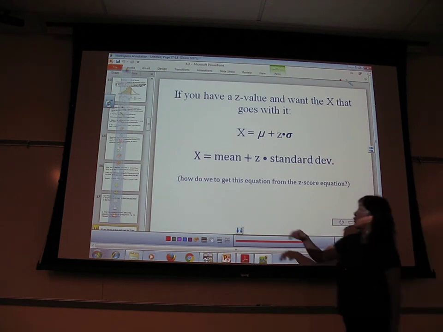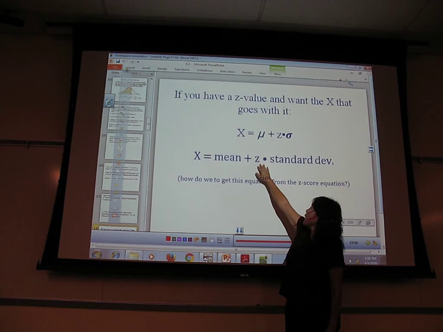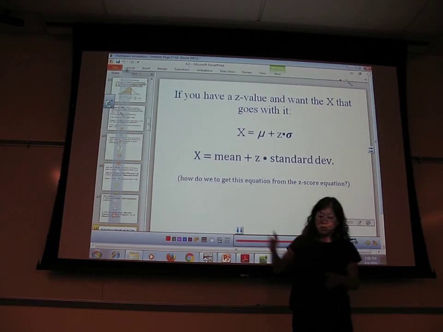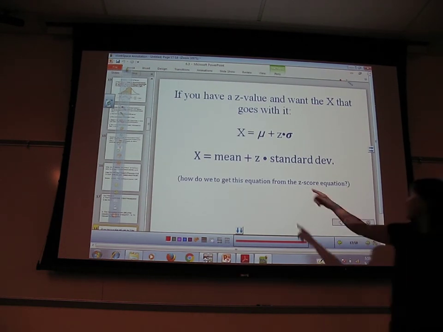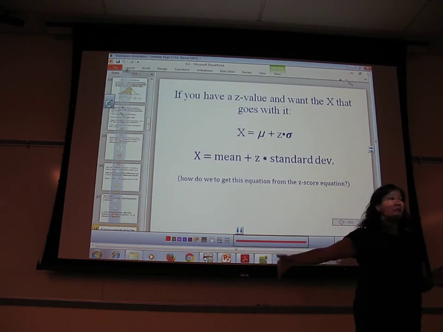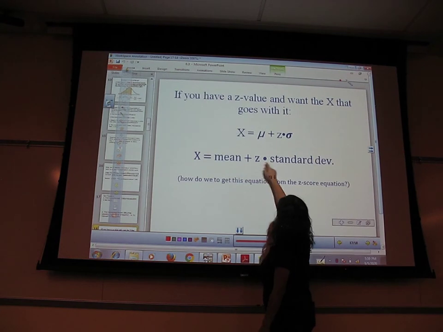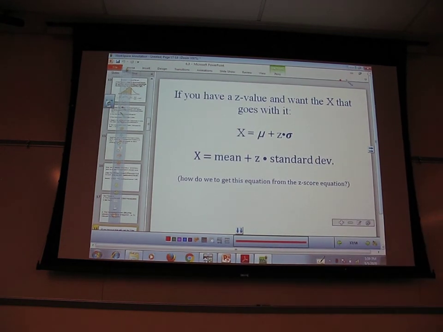So how do I figure out the x value? I start with my mean, and it should be this many standard deviations away from it. So I take my mean and add that many standard deviations to it, and I should get to my x value. If it's negative, then I would subtract that many standard deviations. That's how you figure out the x value.